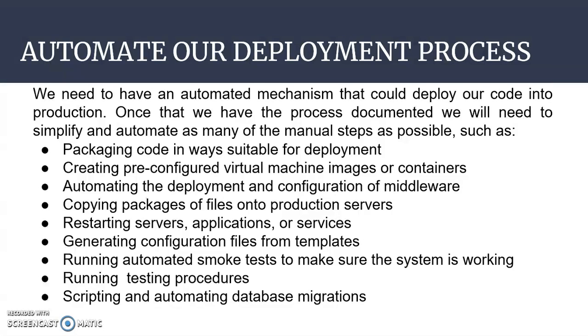These are some of the manual steps that we can make automated. Maybe we can include many more manual steps depending on the system that we are developing, the code, and many other factors.